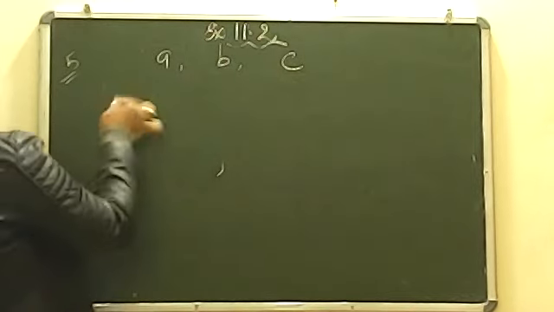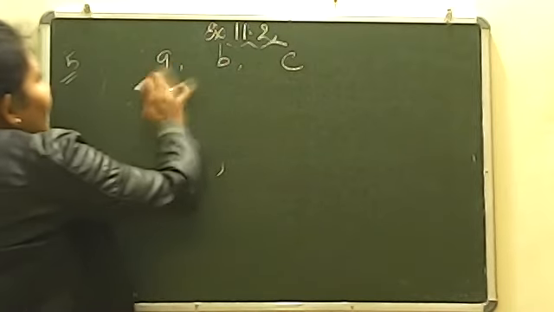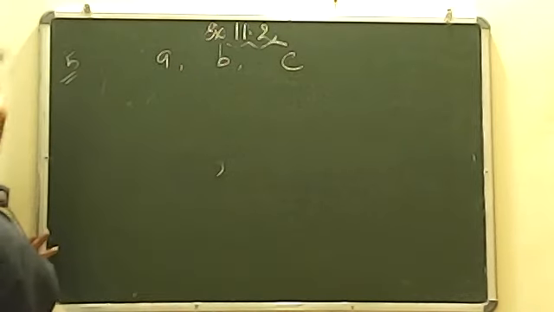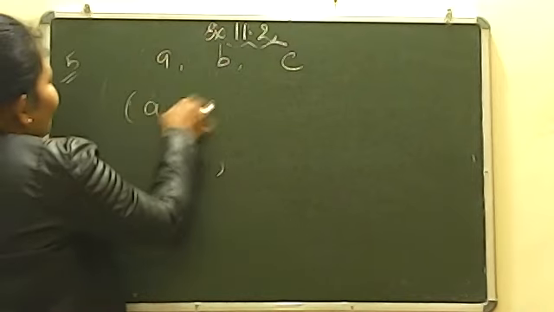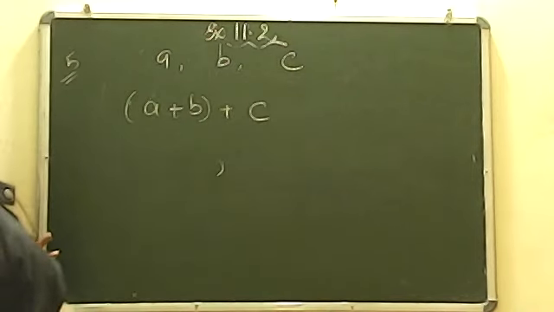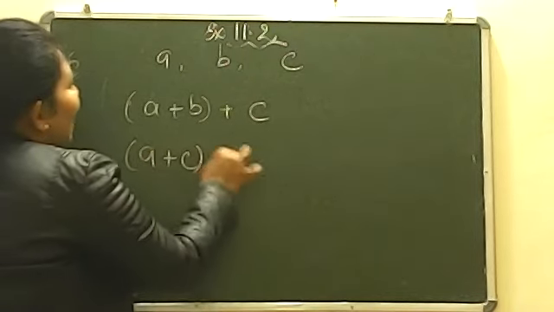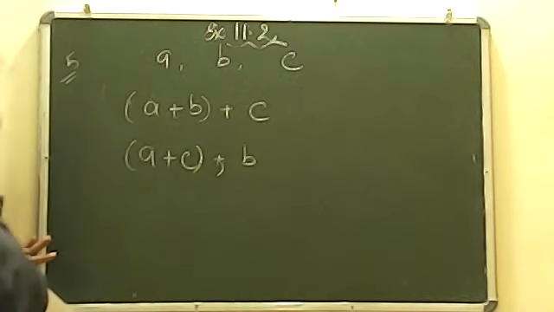Now what we are doing is we are using associative property. Associative property means we can group the number and we can add it. So it will say as a plus b पहले ऐड कर लो और बाद में c ऐड कर लो, तब भी वही आंसर आएगा. या आप a और c ऐड कर लो और बाद में b ऐड कर दो, तब भी वही आंसर आएगा.